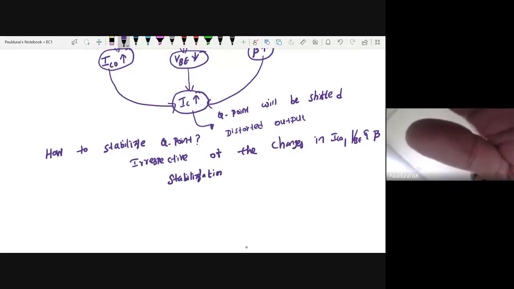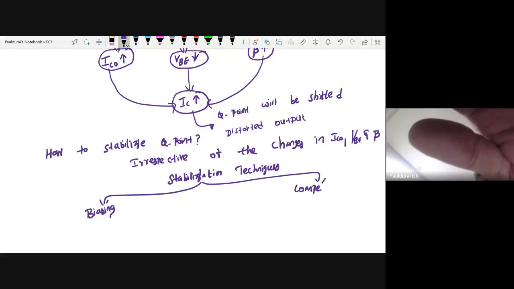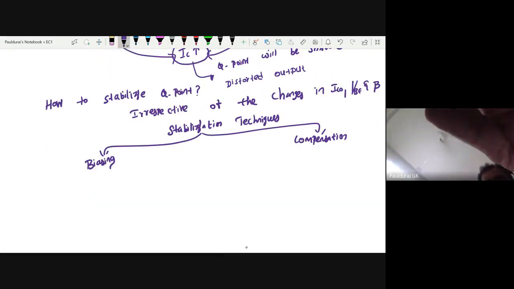Stabilization techniques. We have two types of techniques. One is called the biasing technique, and another one is called compensation techniques. In biasing, as we discussed earlier, the very first is fixed bias, otherwise called base bias.